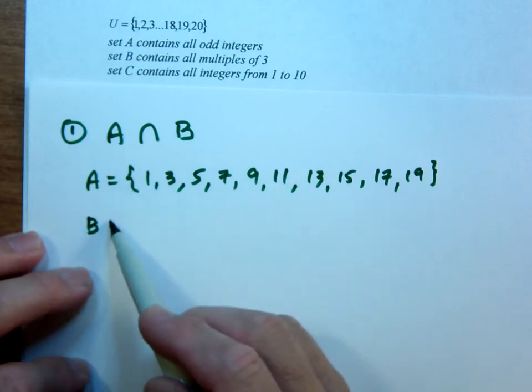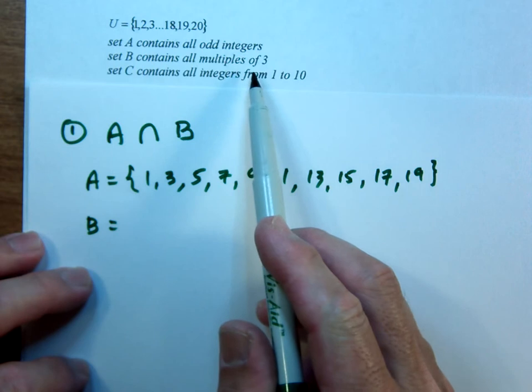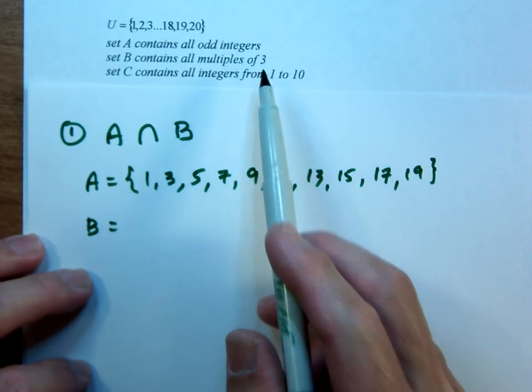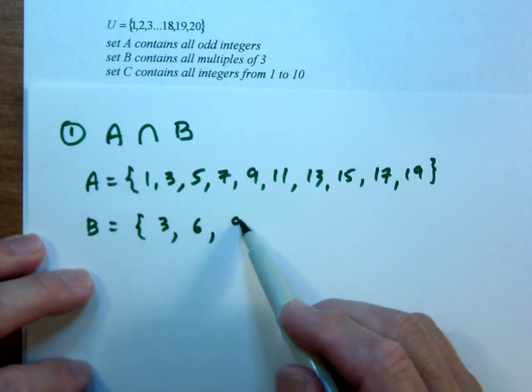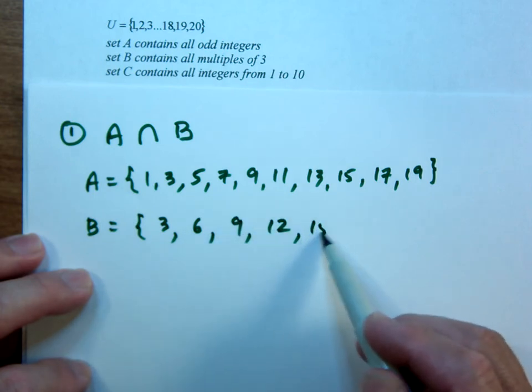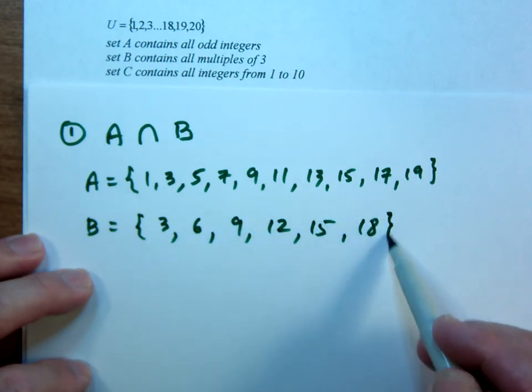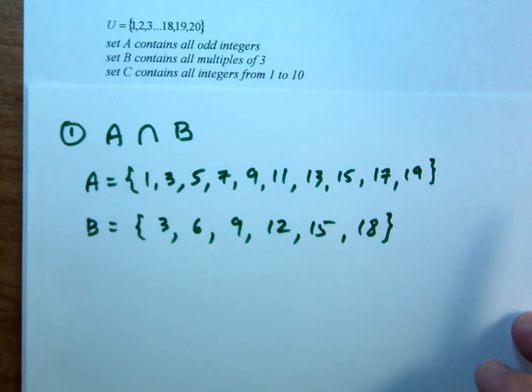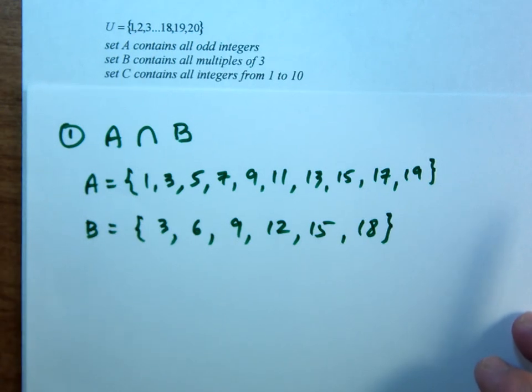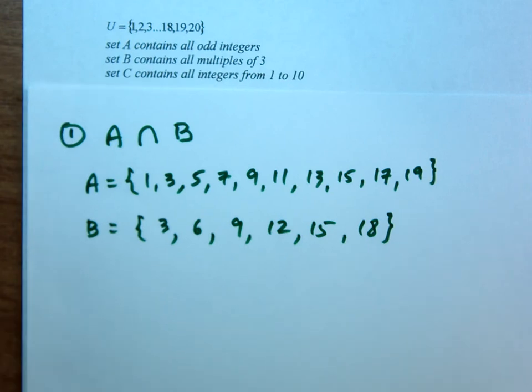Then let's list B. B are all multiples of 3. Hope you're familiar with multiples of 3. That's 3, 6, 9, 12, 15, and 18. As you can see, some are even and some are odd. Now what I want to do is look for the so-called common elements, and that should be pretty easy to see.